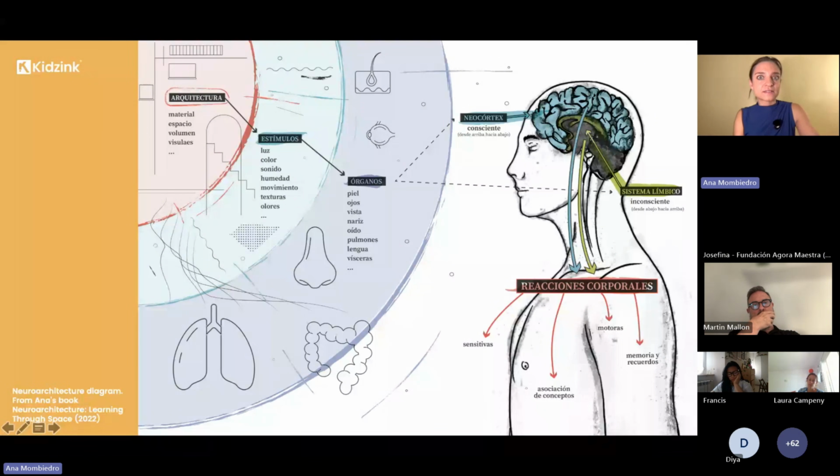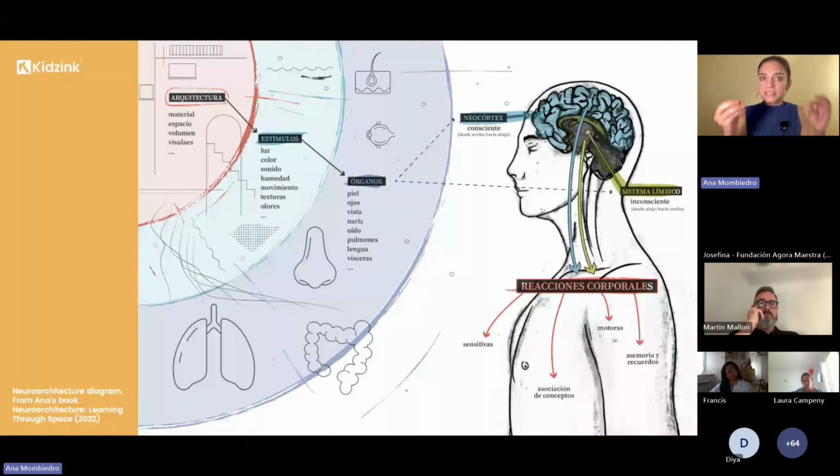So the light goes to our skin and it warms our skin. It's not only about temperature, it's what happens in our skin, okay? And the organs of our body send information to our central nervous system, which is our brain and our brainstem, and to our peripheral nervous system. And the information goes in and out, okay?